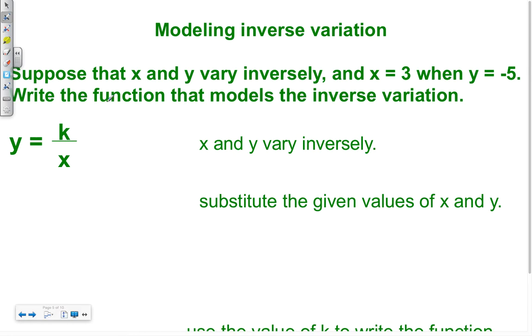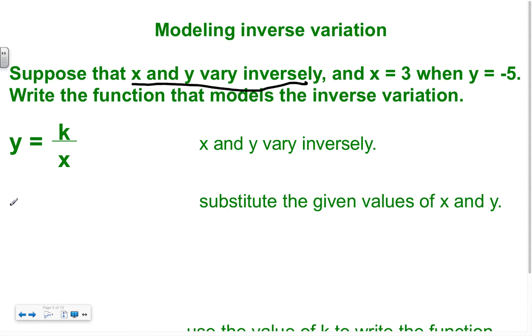Okay, so if we need to write a function that models the inverse variation, then we're going to be plugging into our inverse variation equation. We know this is an inverse variation equation because it says that x and y vary inversely. So that's telling us to use this equation here. So then we're going to just substitute the given values of x and y in.